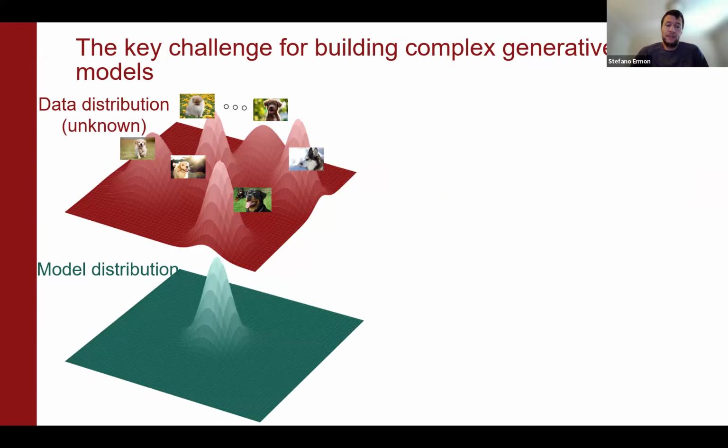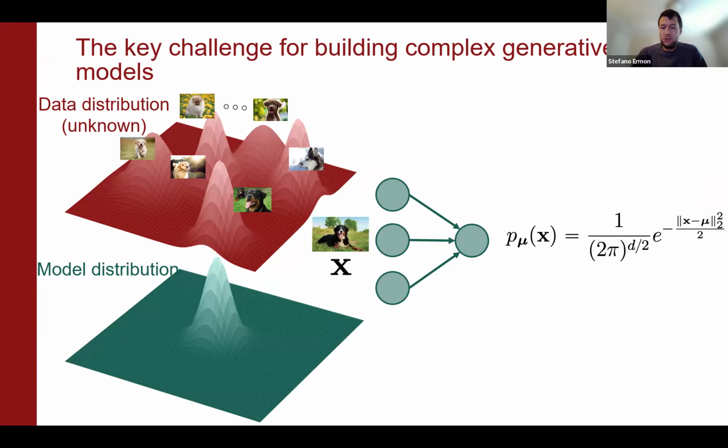You could try to fit a simple distribution, like let's say a Gaussian, which you can think of as a very simple neural network that will basically take as input an image or a molecule described in some way, a vector, and then maps it to a scalar, which is just the probability assigned by the model to this particular input point.